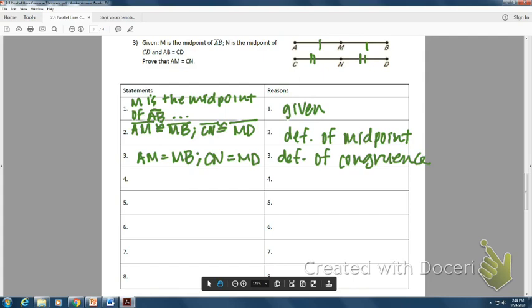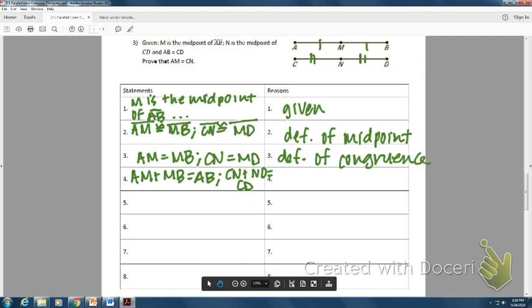AM plus what? Very good. AM plus MB equals AB. What else following that same pattern? Very good. CN plus ND equals CD.